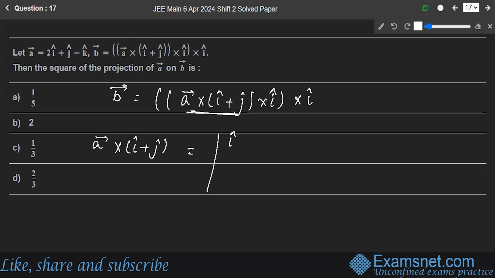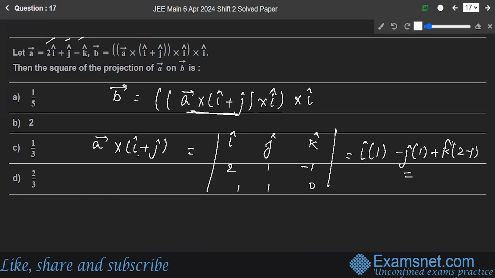This is given as ijk. A is 2, 1, minus 1. And I plus j, this is 1, 1, 0, right? So this is I into 1 minus j into 1, k cap 2 minus 1. That's I minus j plus k, right?